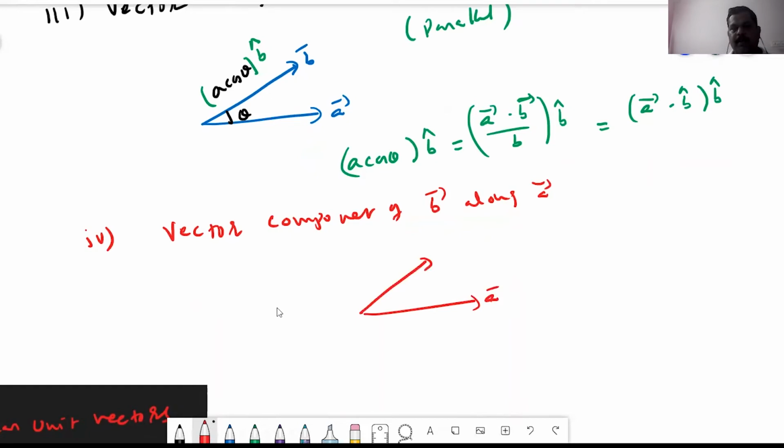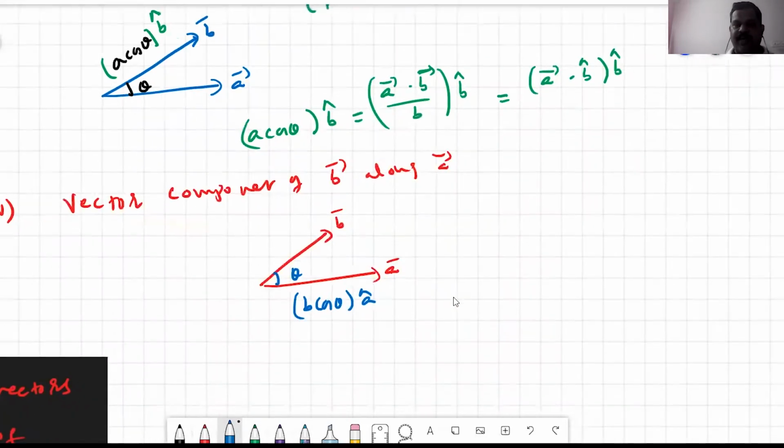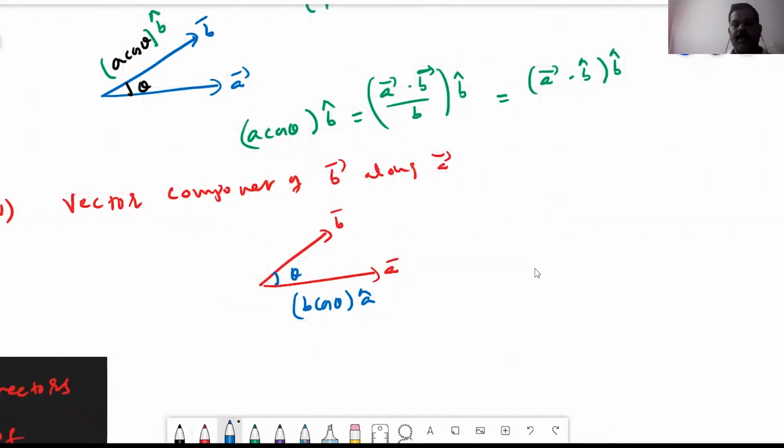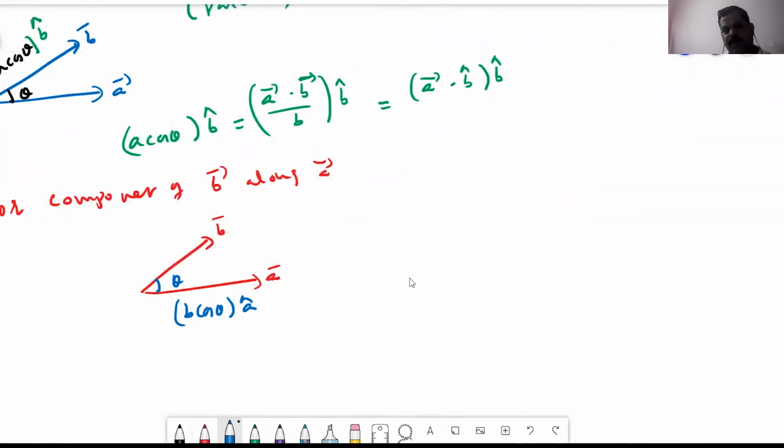This is A bar, this is B bar, and I said this is theta. Take this component B cos theta, a number, and multiply with the unit vector along A bar. Now I get a vector component of B bar parallel to A bar. So I want to find out the value of B cos theta times A cap.